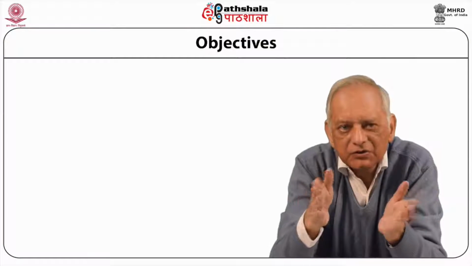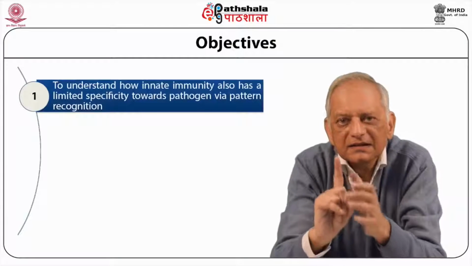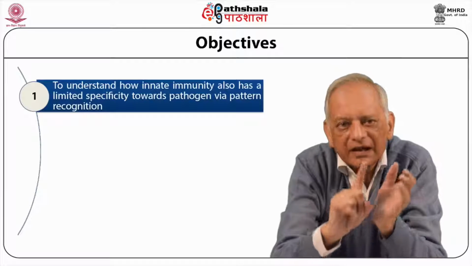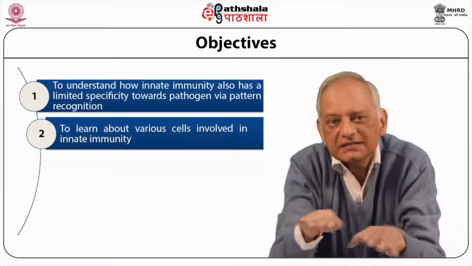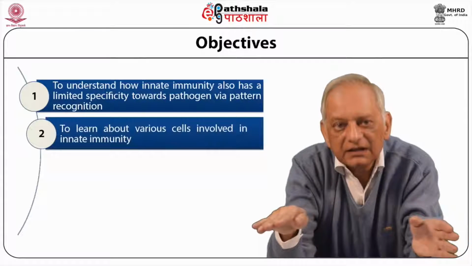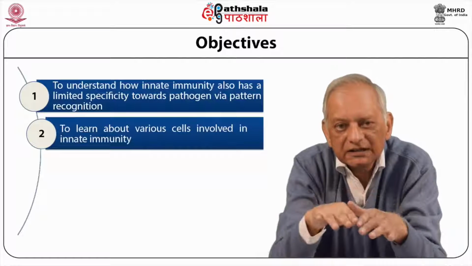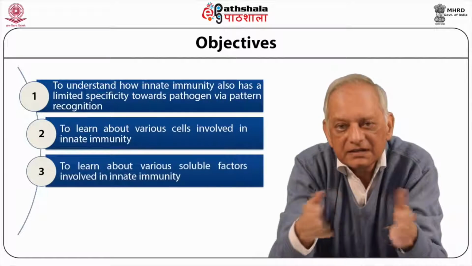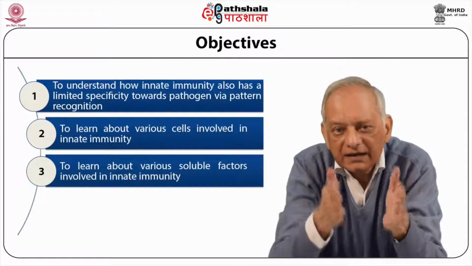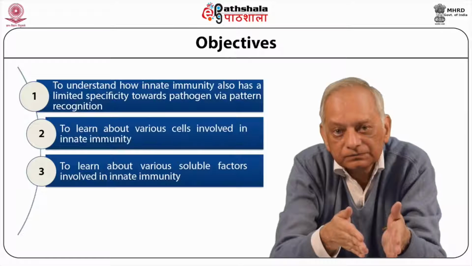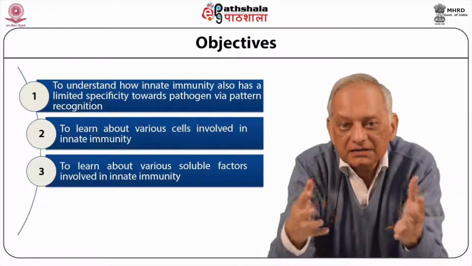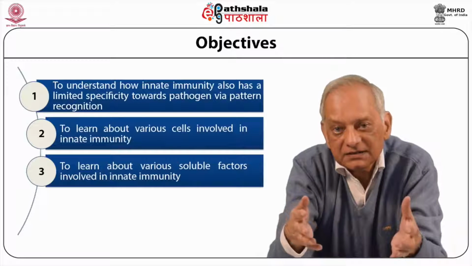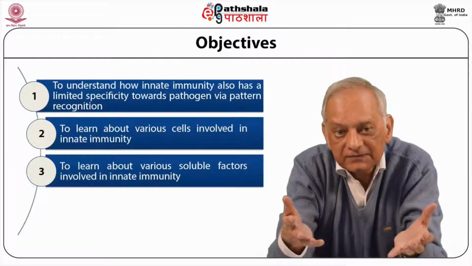this kind of immunity. The objectives of this module are to understand the basic difference between innate and acquired immunity, to learn about various cells which are involved in innate immunity, thirdly to learn about various soluble factors which again are involved in innate immunity, because innate immunity functioning requires the involvement of the soluble factors as well as various cells.